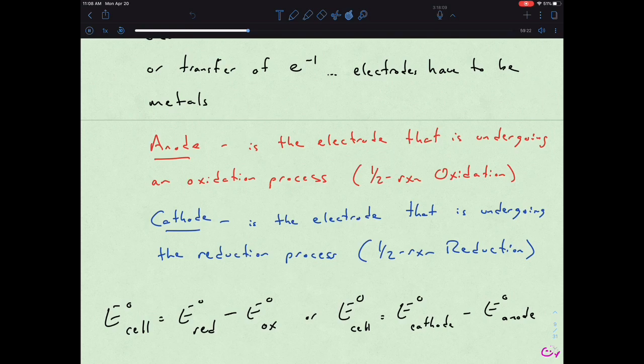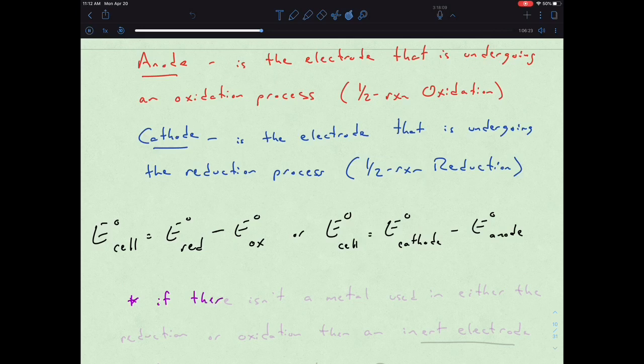So cell diagrams, we have this idea of the anode and the cathode. These are the metals that are allowing for transference of electrons, and if the metal is part of the reduction oxidation scheme, well, then that's just the actual anode or cathode.